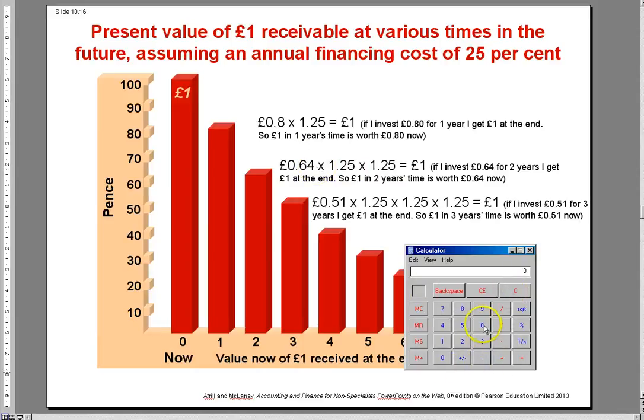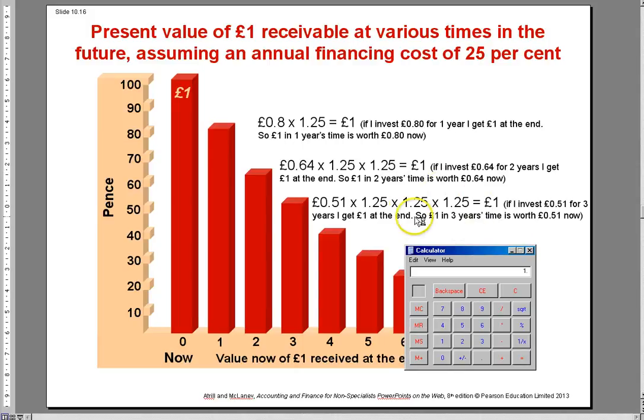So 0.64 times 1.25 times 1.25 equals 1. So if we said, well, there's £1 in 2 years' time, how much will you give me now? And you wanted a 25% return, then you would offer 64 pence now.